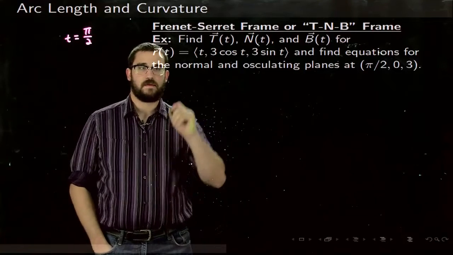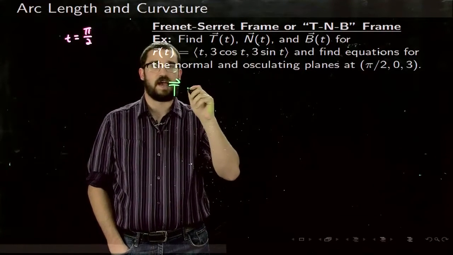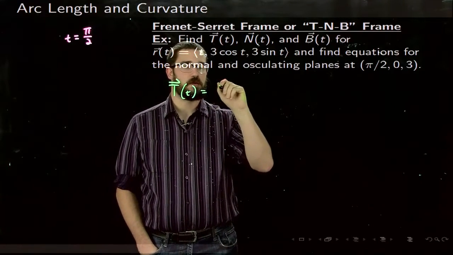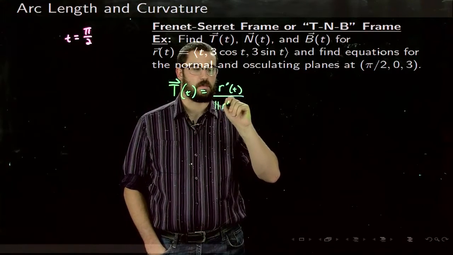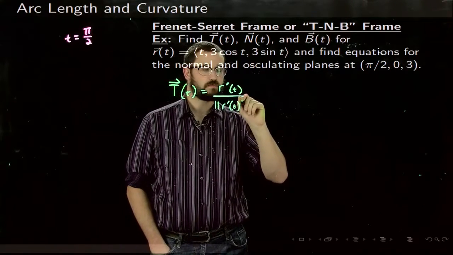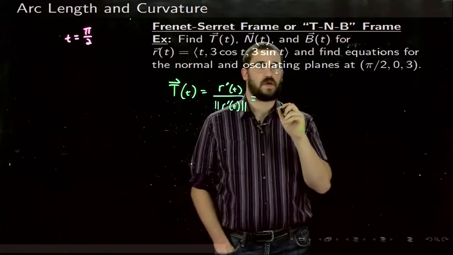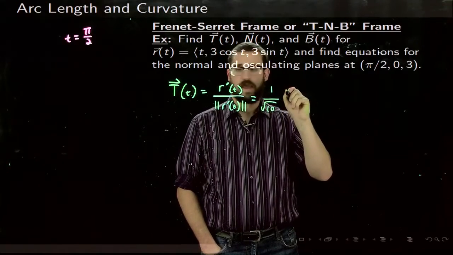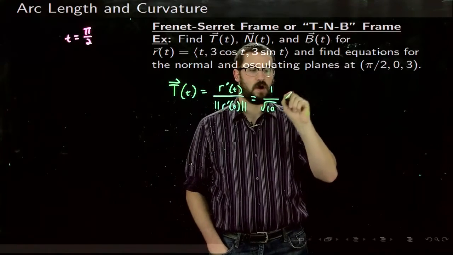So let's begin by calculating T, which we have been doing for a while now, which, remember, is just going to be r prime of t over the magnitude of r prime of t, which we found several times, so I'm going to just write it as 1 over the square root of 10. And then if we look at our function here, what is r prime?